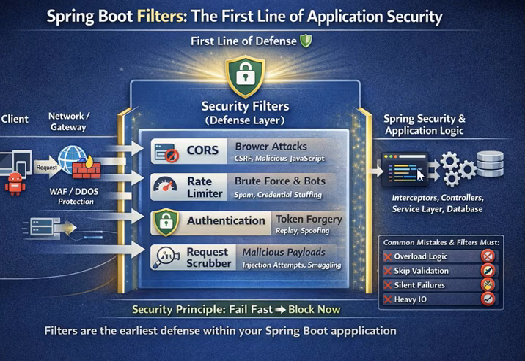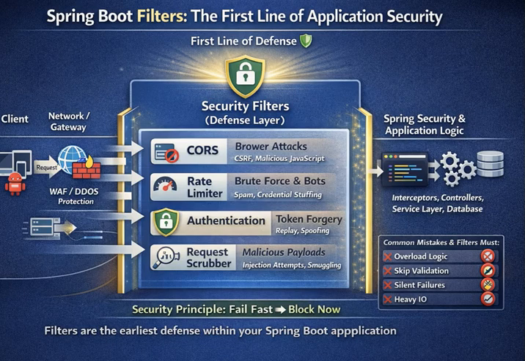Maybe at the interceptor level, I'm only looking at the authorization, and at the controller level, then at the service level, I'm looking at business logic validation. Same in the database. So you want to make sure that this particular layer is very well implemented. So that's it.